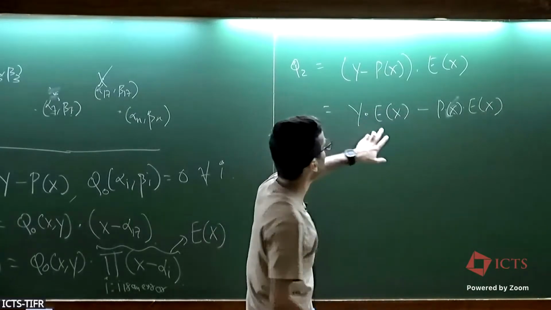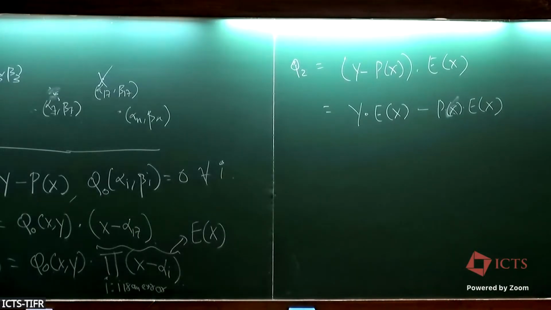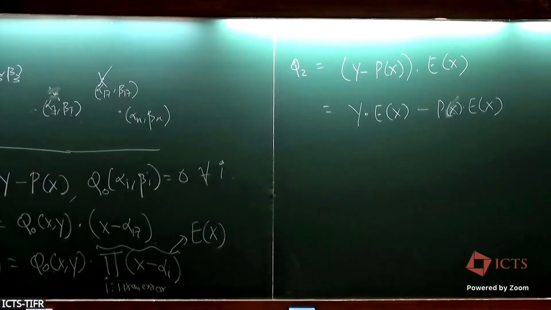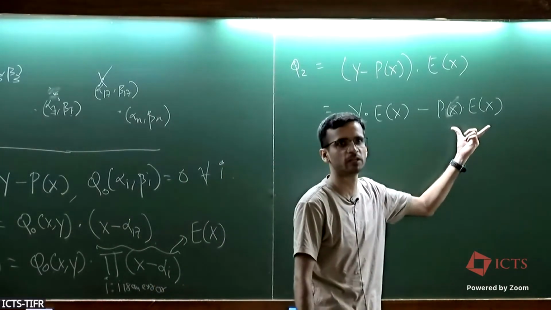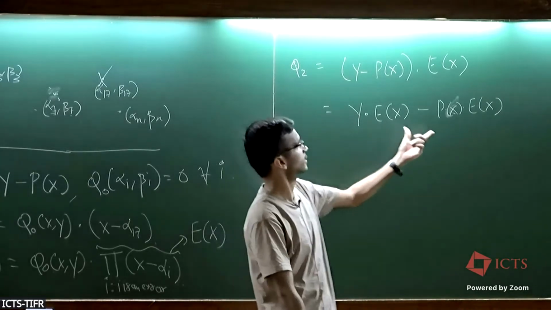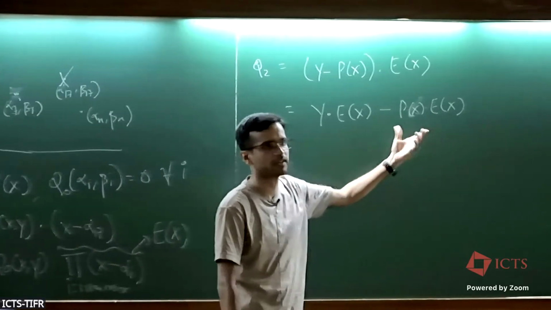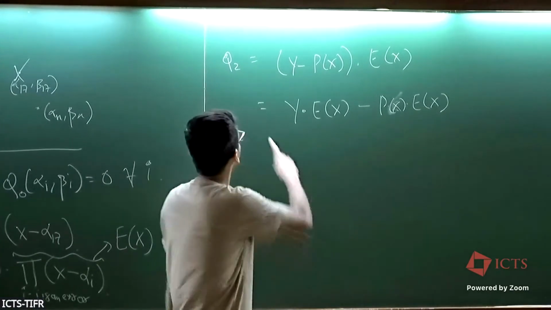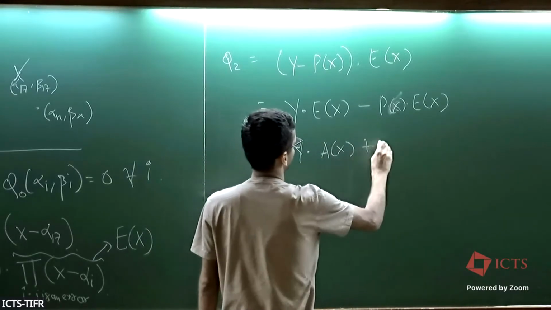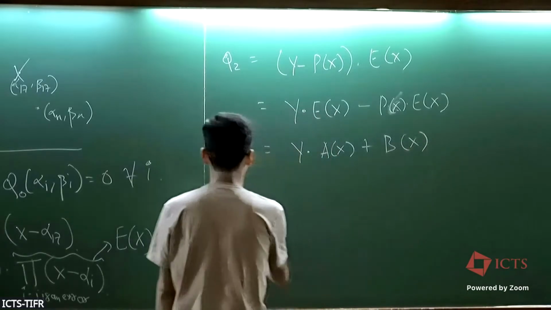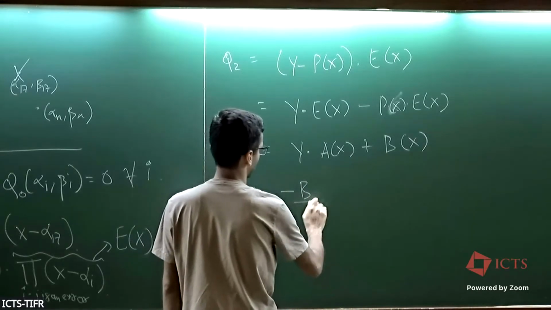If I'm given q2, how do we get our hands on p? I know the coefficient of y in q2, and I know the y free term in q2. I can divide the y free term by the coefficient of y, switch some signs, and get my hands on p. So if q2 was of the form y times some a of x plus b of x, then in this example, p of x is equal to negative of b over a.